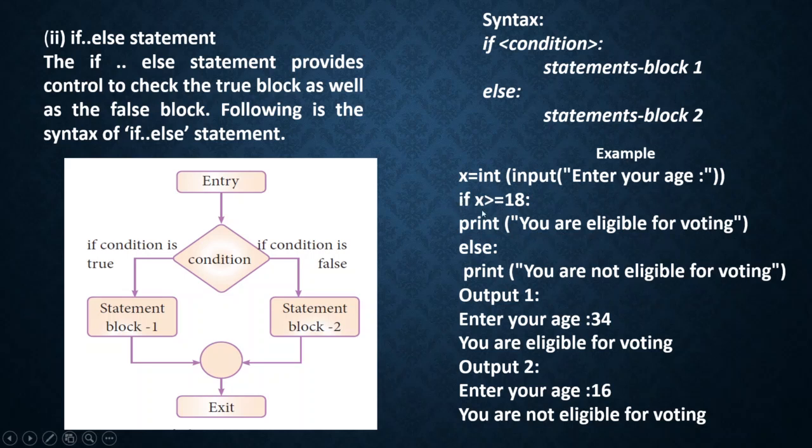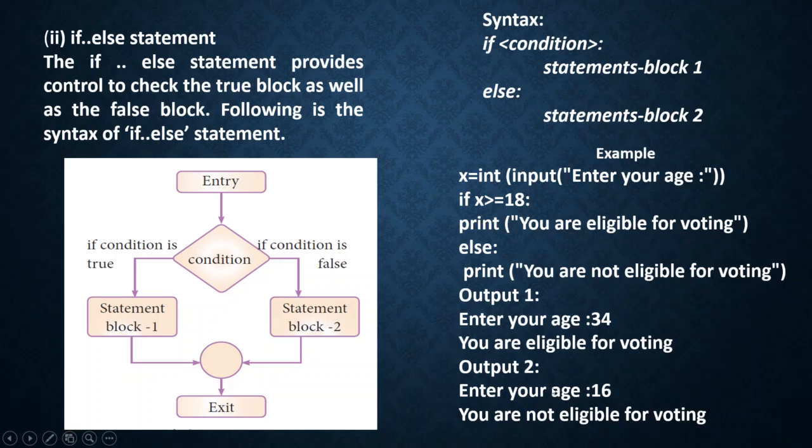If the value of x is less than 18, then the true block will be skipped and the false block will be executed. Let us take the value of x as 34. We know that 34 is greater than 18, so it is true. So the first block will be executed: you are eligible for voting.